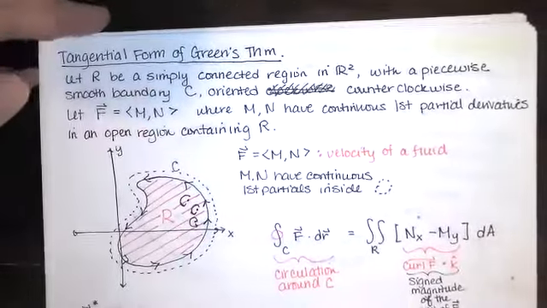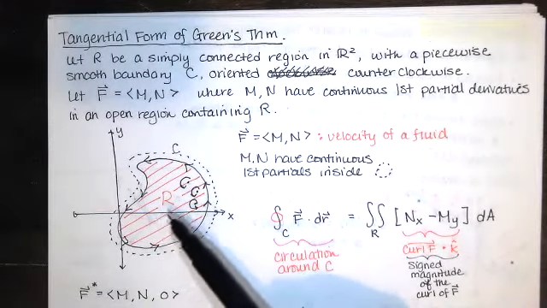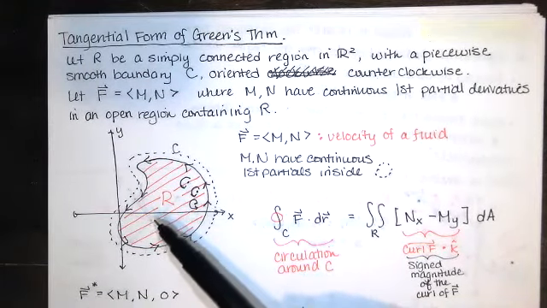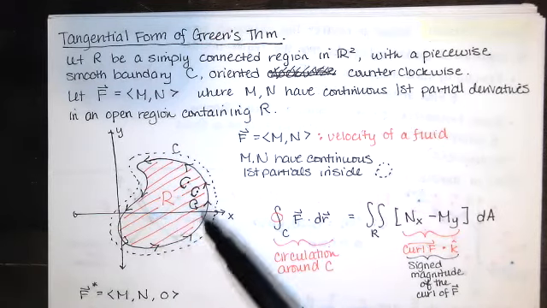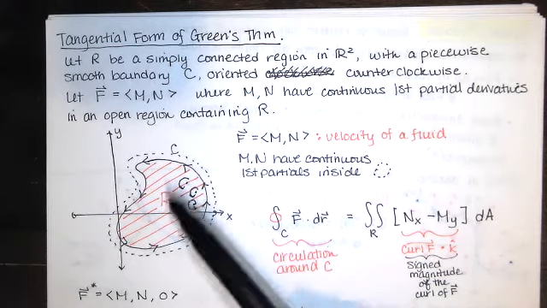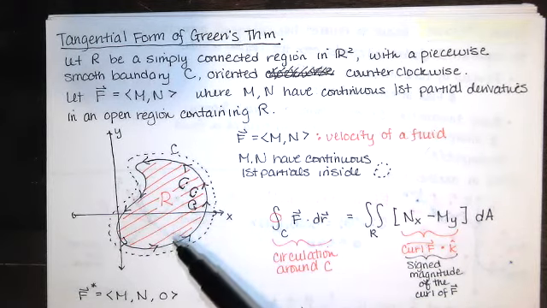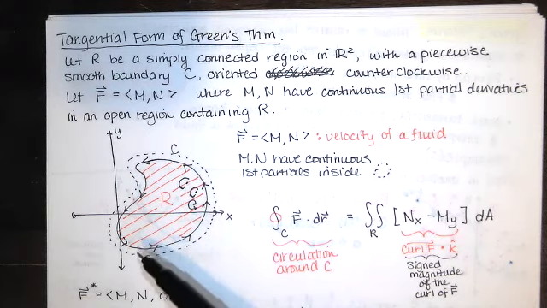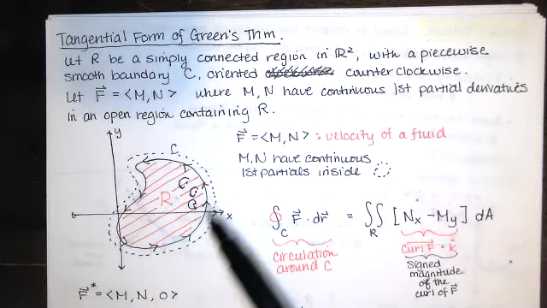If we have a simply connected region R in R2, so all of the simple closed curves in R stay in R. They don't enclose any points that aren't in R, and we do in this picture. And R has a piecewise smooth boundary, so no sharp corners. Well, you can have a finite number of sharp corners; that would make it piecewise smooth. And it's oriented counterclockwise, so we do that.